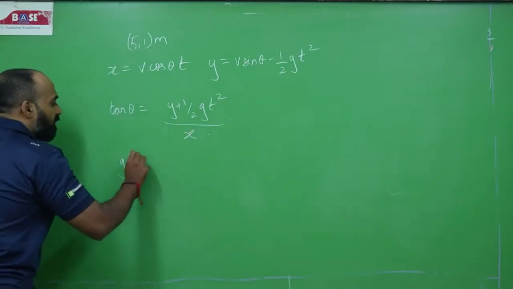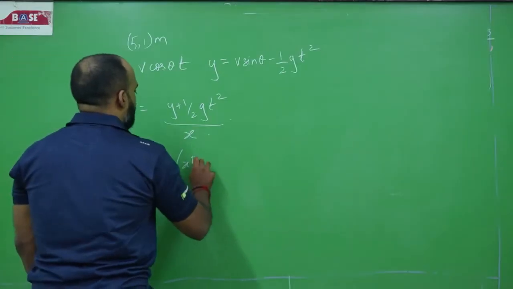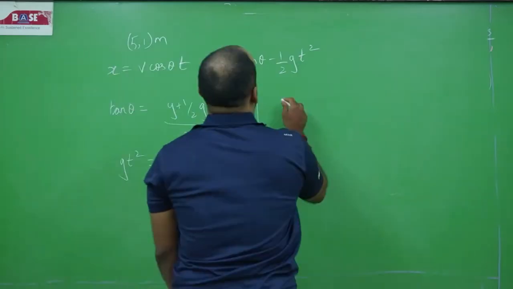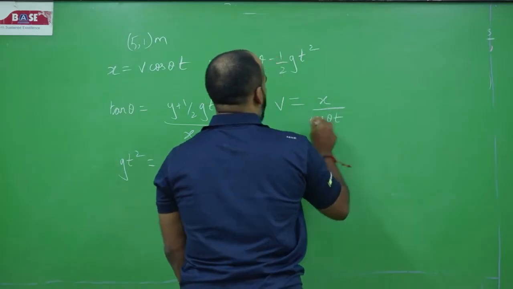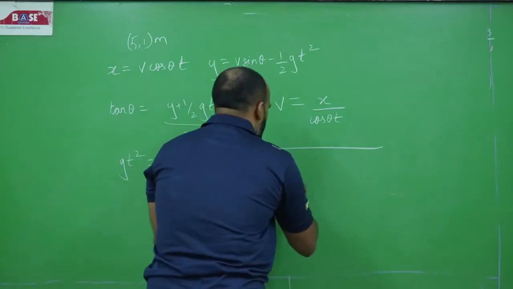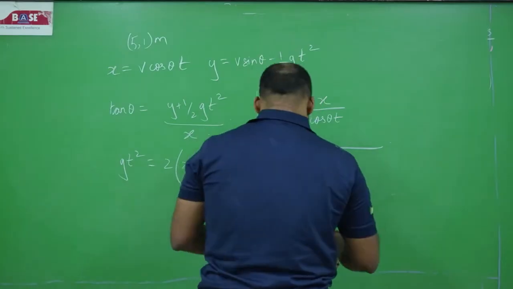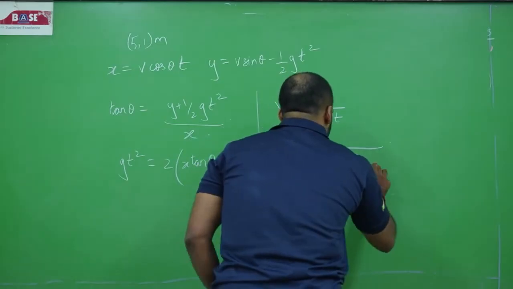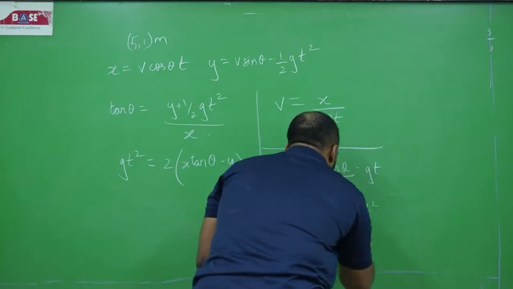So that gives me g t square is 2 times x tan theta minus y, and v I can write as x by cos theta into t, and the y component of speed at any later instant is u sin theta minus g t. So u sin theta minus g t in terms of x can be written as x tan theta by t minus g t, or x tan theta minus g t square by t.